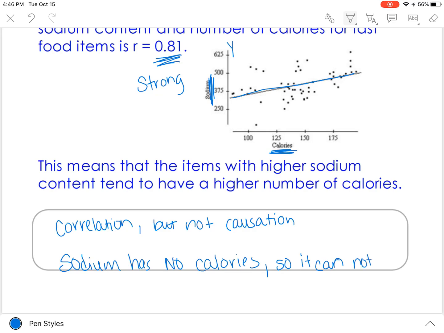If you think about French fries or potato chips, those tend to have more calories, but it's not because of the sodium, it's just because of the type of food it is. So this is an example where we have a very strong correlation, but it's still not causation.